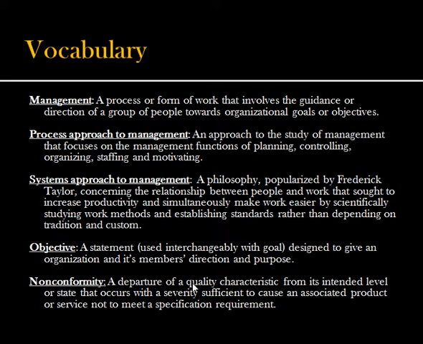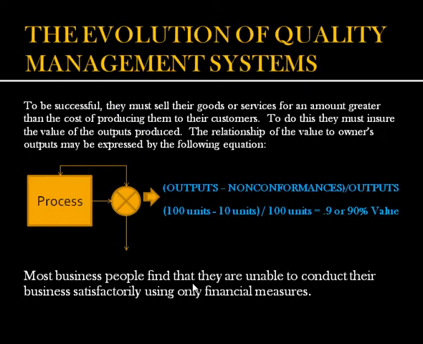So, the evolution of a quality management system: in order to be successful, a business has to sell goods and services for an amount of money greater than it costs to make them. To do this, we have to ensure the value of the outputs produced. The relationship between value and the process outputs can be expressed in the following equation: outputs minus nonconformances divided by outputs.